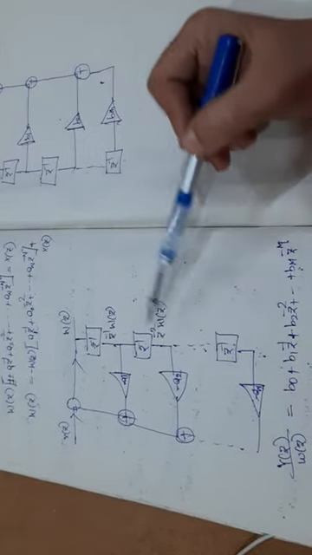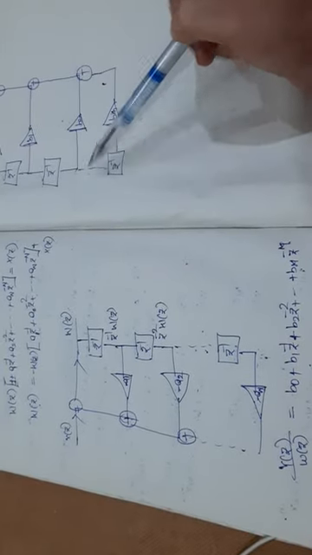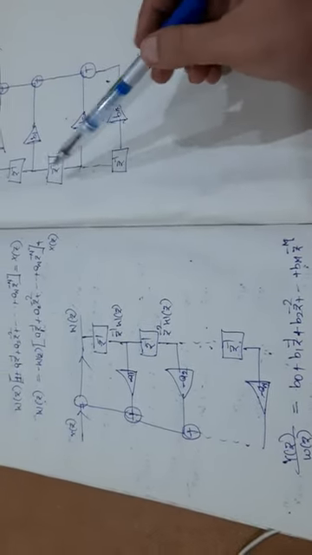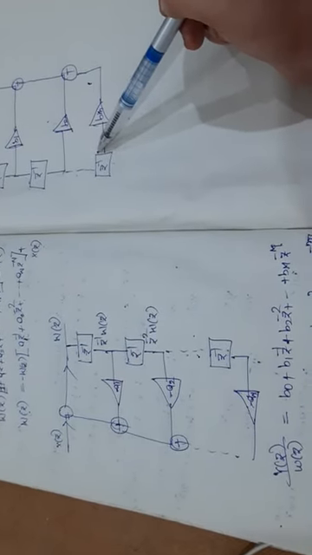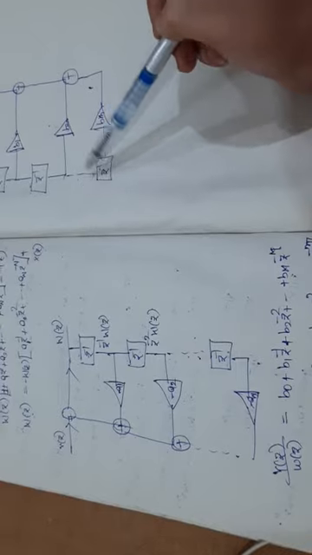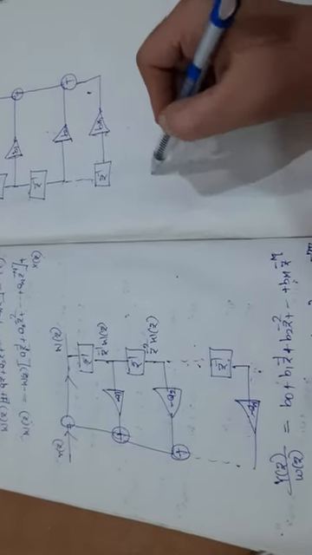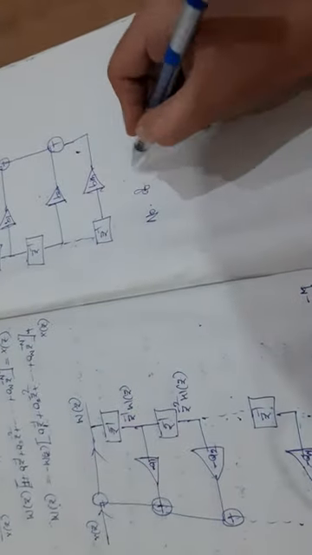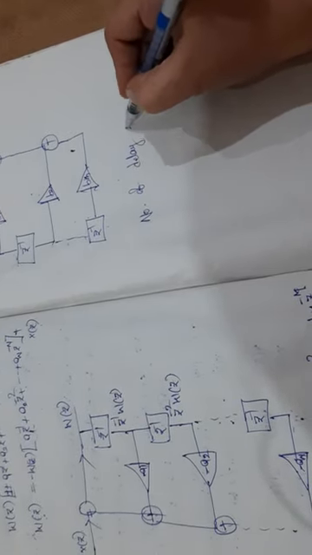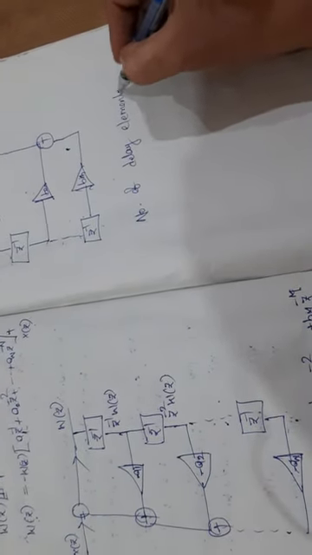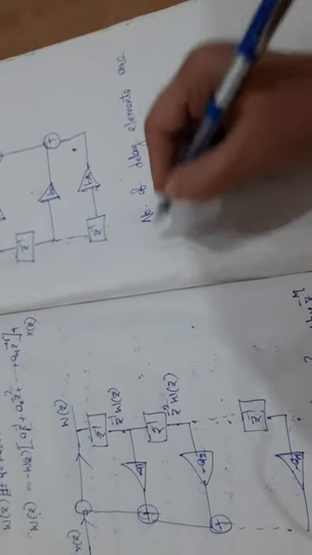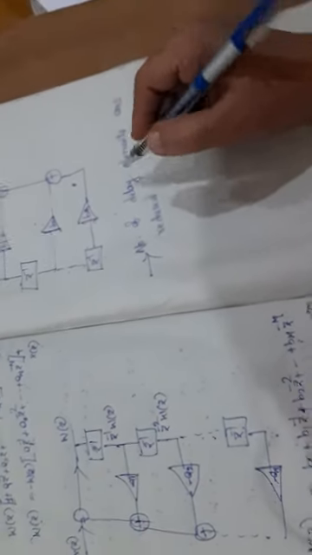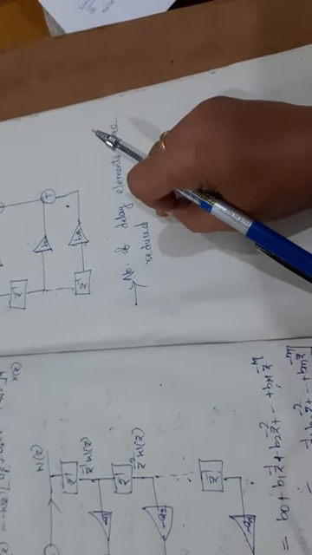If we use the same number of delay elements for the two equations, we can reduce the number of delay elements. Okay, so this is an advantage in direct form 2, that is, the number of delay elements is reduced. This is the only advantage of direct form 2 over direct form 1.